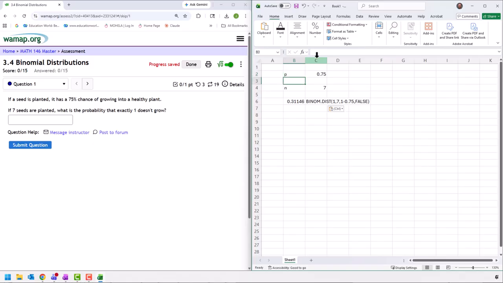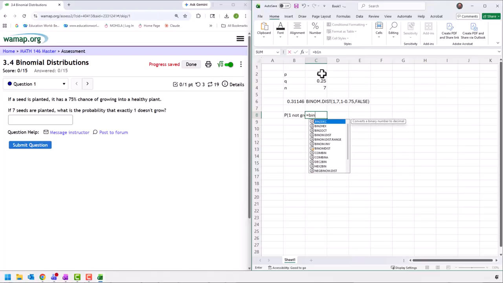Now, we could have figured out Q here equal to 1 minus P, and then done a similar thing. The probability of 1 not growing would be equal to, again, we have a binomial distribution. We have the successes, 1, trial, 7.